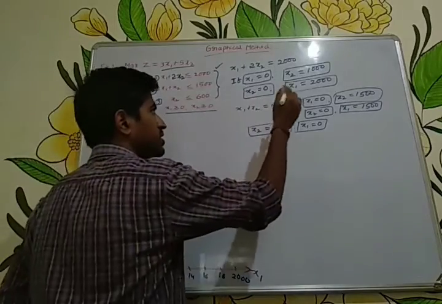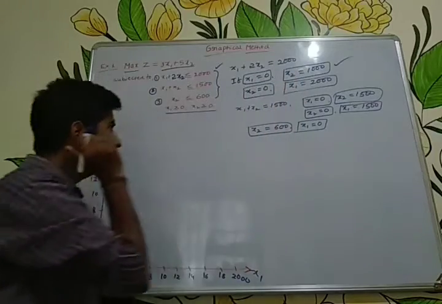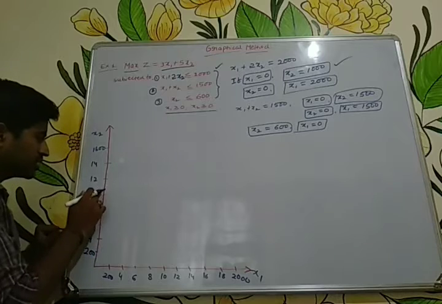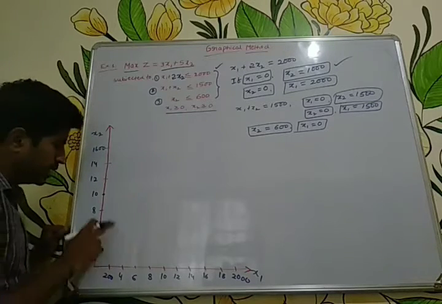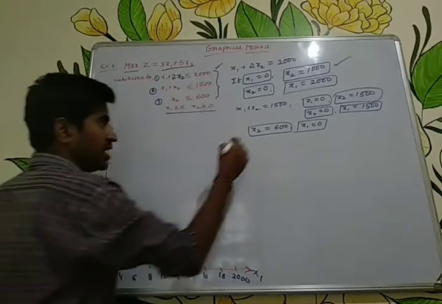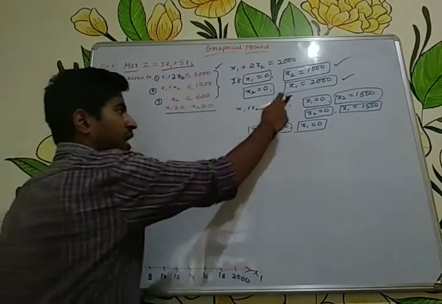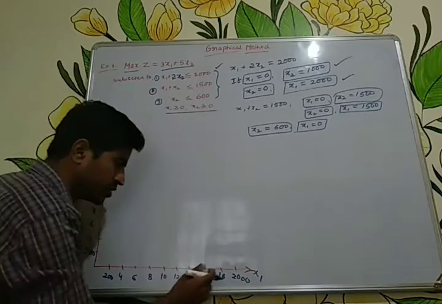The first set of values is x1 is 0, x2 is 1000. x1 is 0 means this axis, and x2 is 1000, directly at this point. Let us mark the second set of values: x1 is 2000, x2 is 0. x1 is 2000 means directly here.